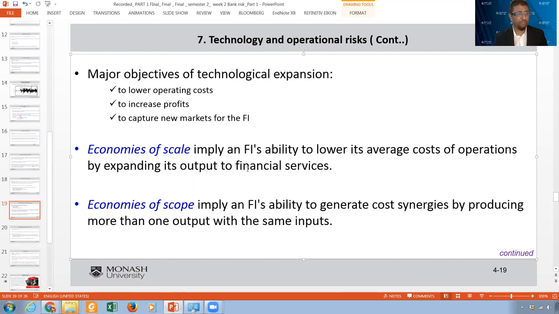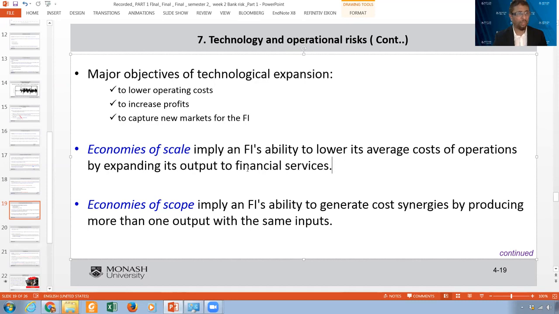For example, I have a huge amount of information about credit cards, and I know the customer, their behavior, their defaulting behavior, their credit quality, and all these issues. Now, from credit cards, I can invent a new product like car loans or housing loans.